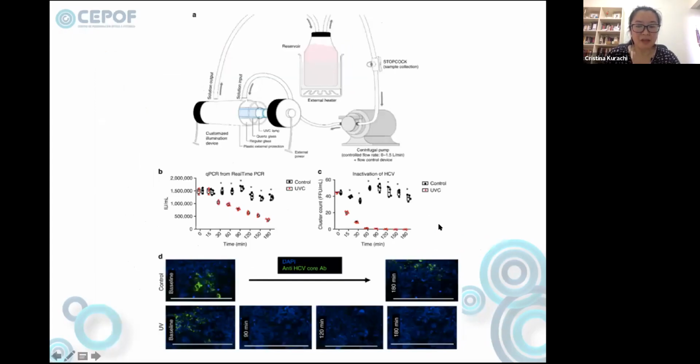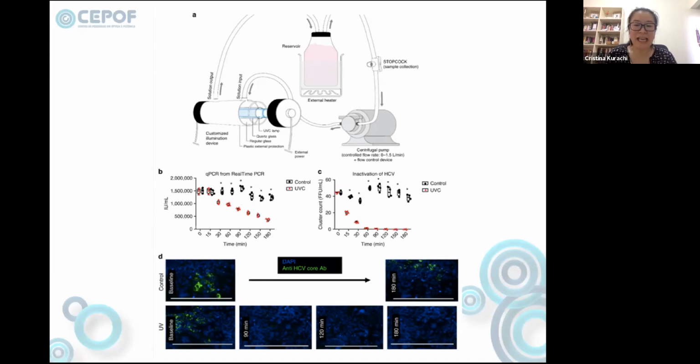One thing that was also tested, in the case of both UVC and aPDT, is whether the still-detected viral load by PCR corresponds to really infective particles for cells. So after this, using either UVC or aPDT, we get this perfusion liquid, and we culture hepatocytes that can be infected by the hepatitis C virus.